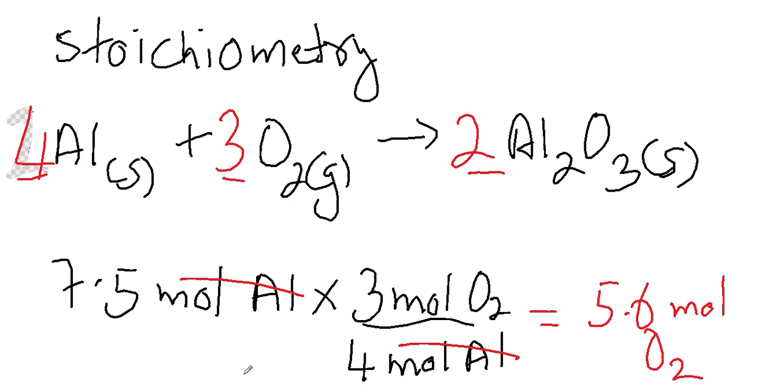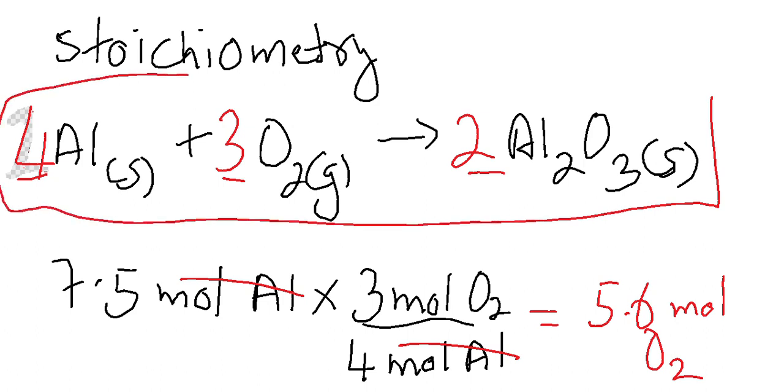This is very simple, going from moles of one reagent to the moles of another reagent according to what our balanced equation gives us. The most you could be asked to do is go from grams of one reagent to the grams of another reagent. What do I mean by that?